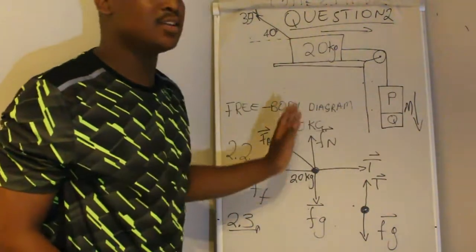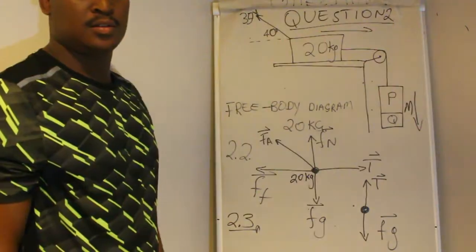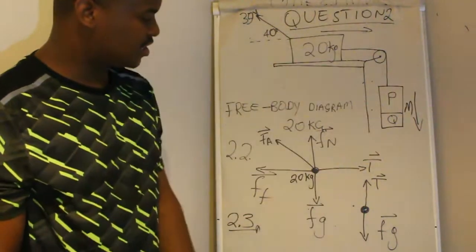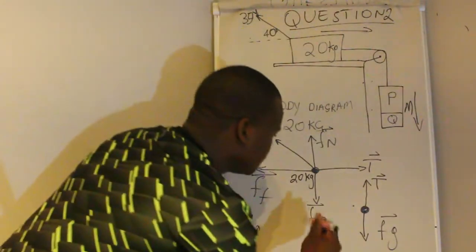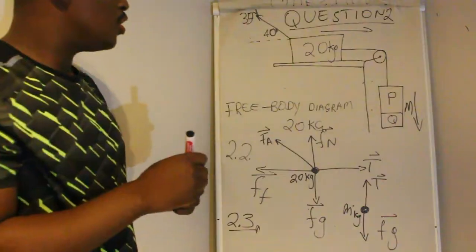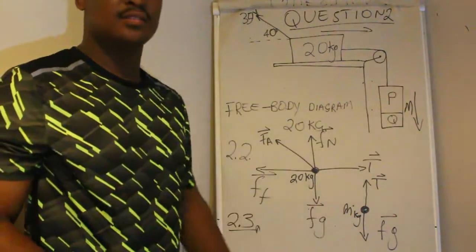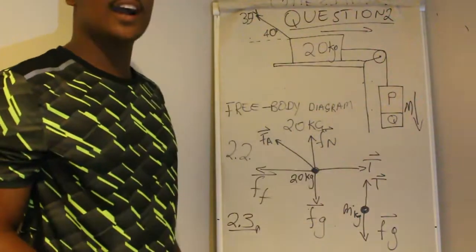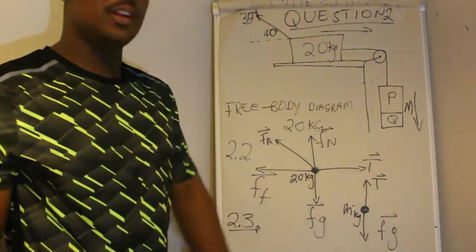There's nothing on the side because no sideways movement was described, so it's only moving in that direction. These two free body diagrams are the ones that are going to help us continue into calculating that mass. You need these free body diagrams in order to use Newton's second law.